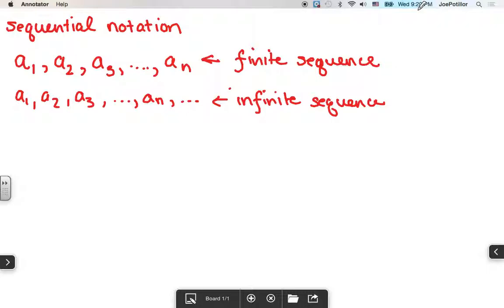And of course, sometimes we use A sub 0 for the first term, so you can also see that. In real-life situations, we use A sub 0 for the first term, for time being 0, for example.